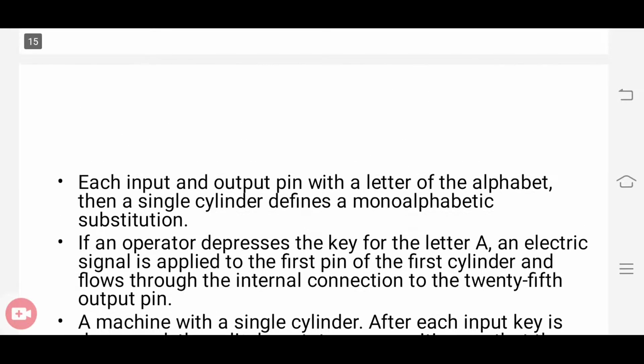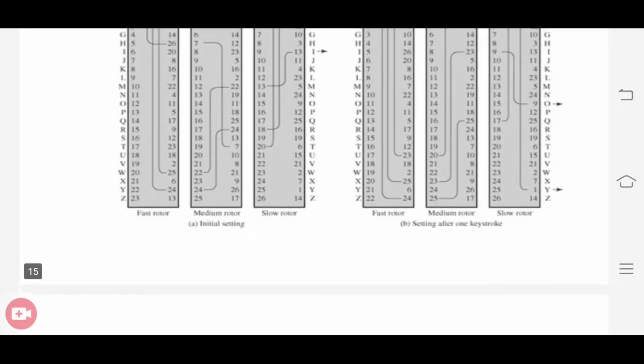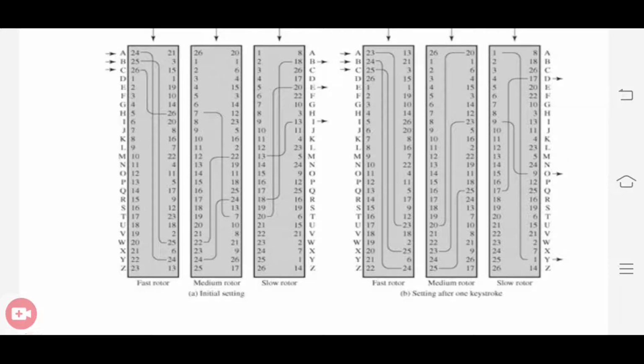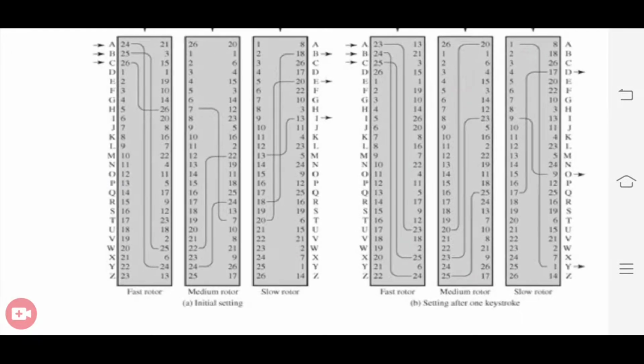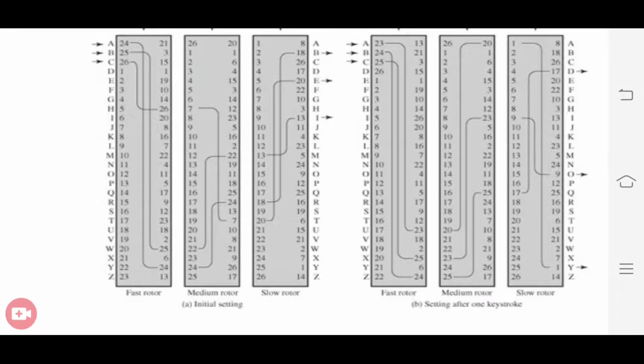Okay. So in the first figure, you can see the fast rotor cylinder. Input pins are assigned the alphabets A to Z. If we are pressing the A pin, that is the 24th pin of the fast rotor, and it is connected to the 24th output pin.